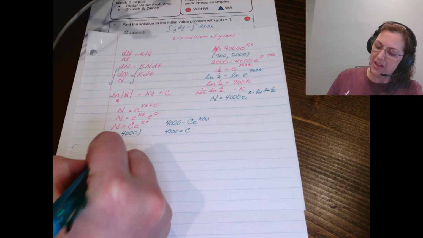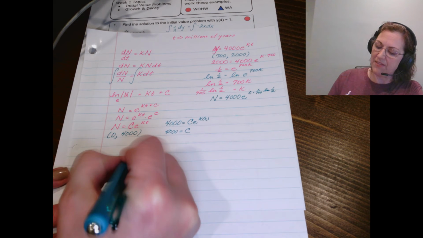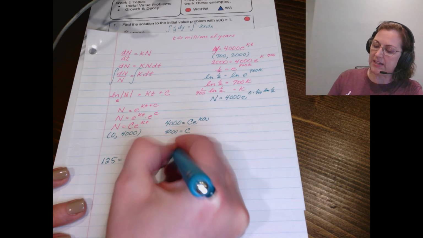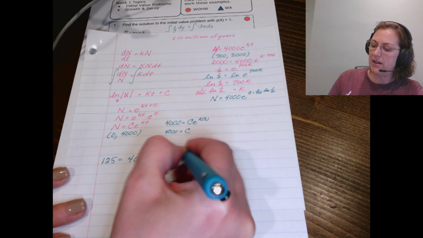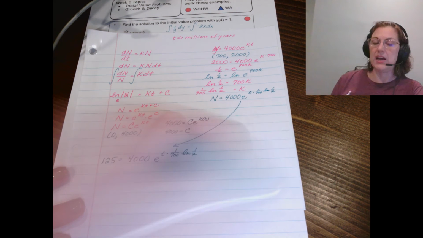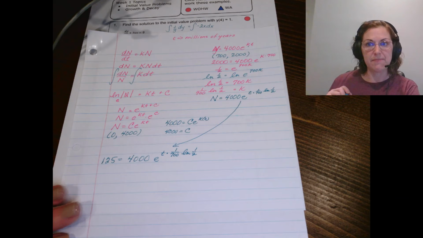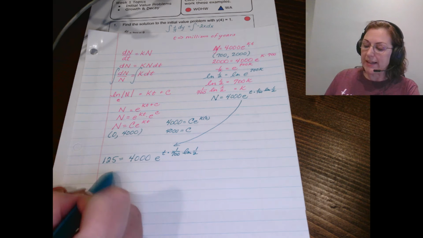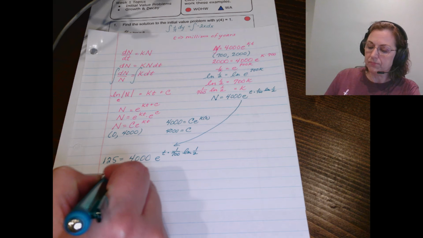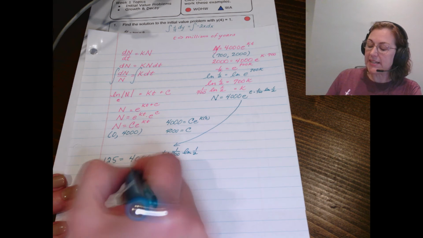So let me make a little bit more room. I've got 125 equals 4,000 e to the t times 1 over 700 ln of a half. We're taking this equation and we're setting it equal to 1 over 25. So let's divide by 4,000. I know I can simplify that.